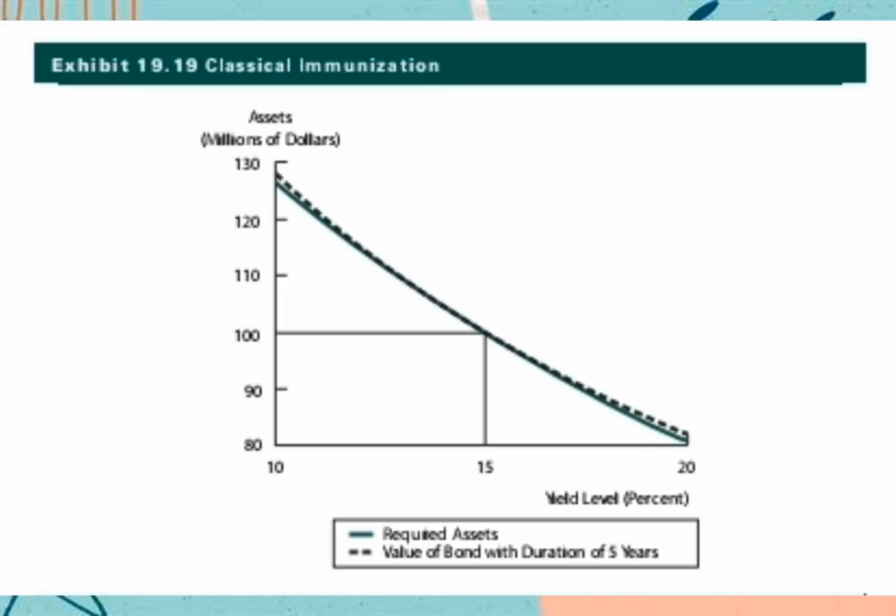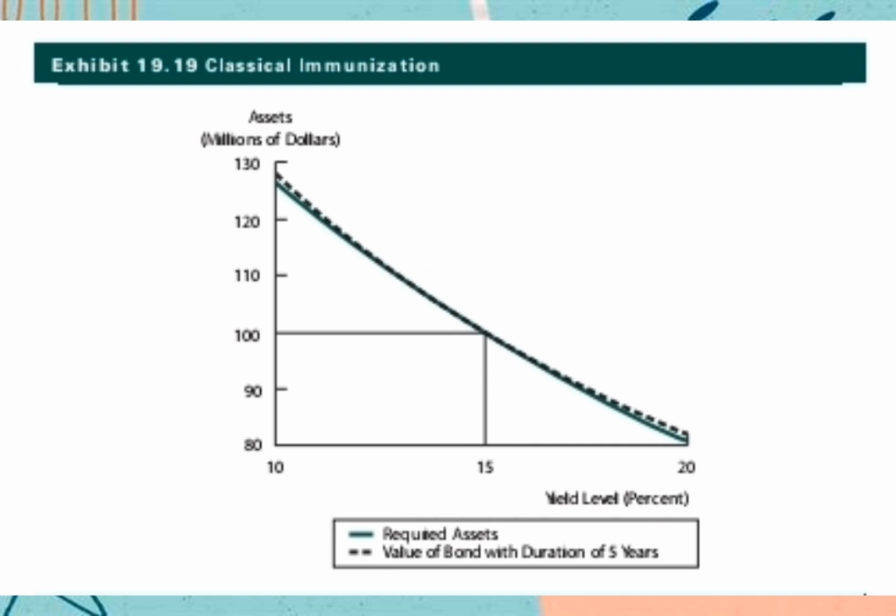Exhibit 19.19 illustrates classical immunization, where the required assets in millions of dollars are plotted against the yield level percent. The graph shows that within a 5 year duration band, the required initial investment decreases as the yield increases.